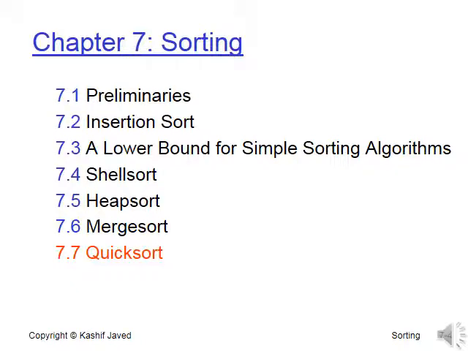Quicksort, although it uses divide and conquer strategy, does not require the order n extra space that Mergesort requires when merging two subarrays. It is the fastest known comparison-based sorting algorithm in practice.